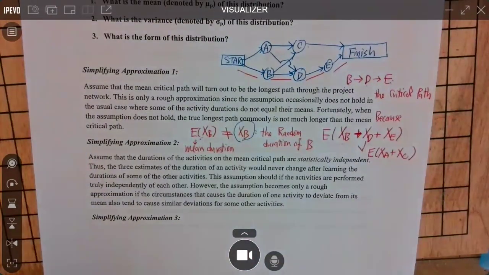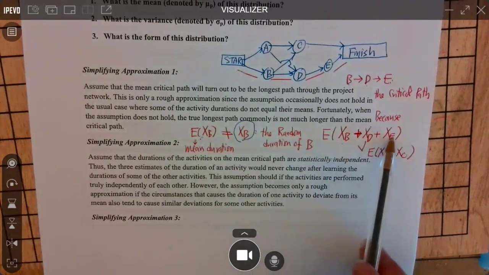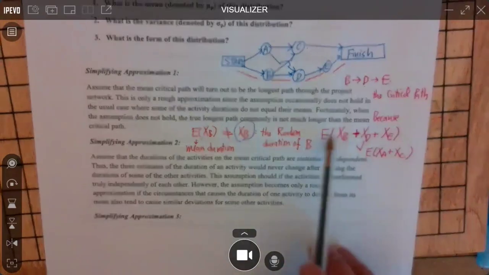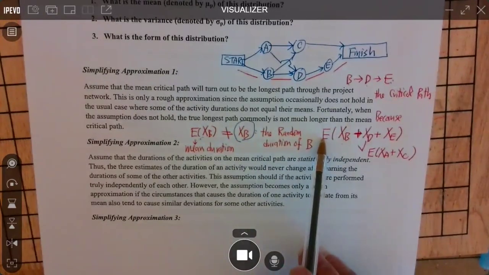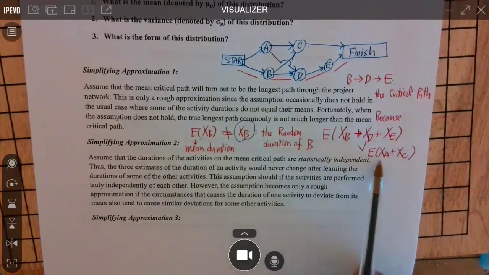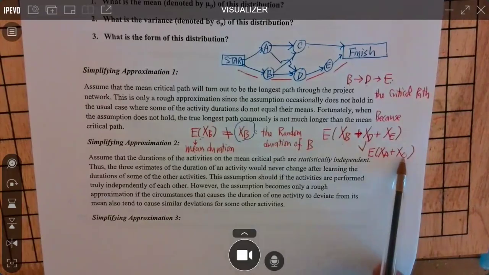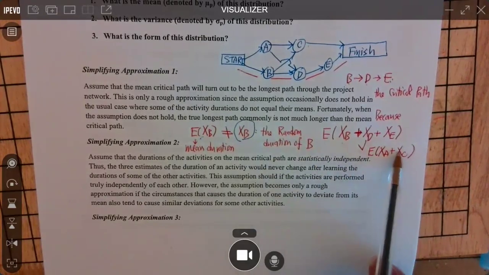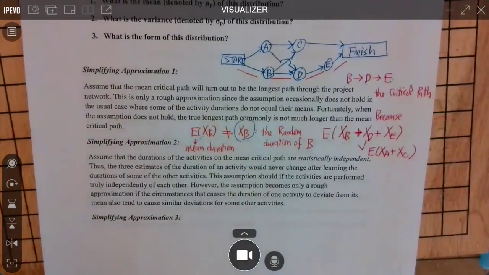Okay? Usually, when we say this is longest path, it's from what? Expected value polynomial B. The expected duration of xb plus xd plus xe is longer than that of xa and what? xc. And any other path, this is the longest one compared to the other path. This is the longest one.